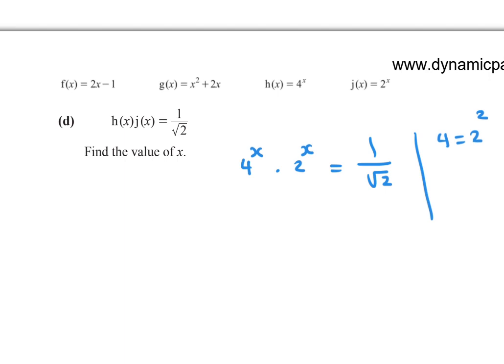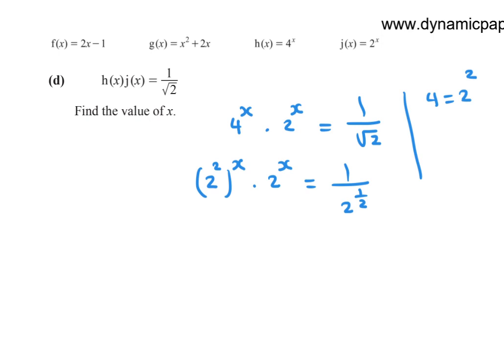So 4 power x is 2 power 2 all power x, times 2 power x. And square root 2 means 2 power half.